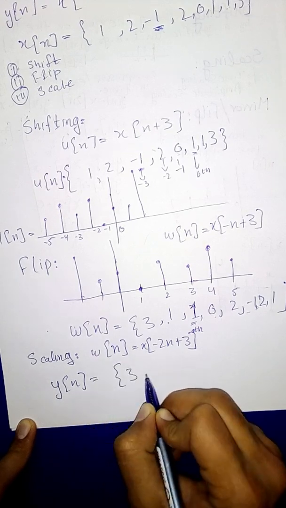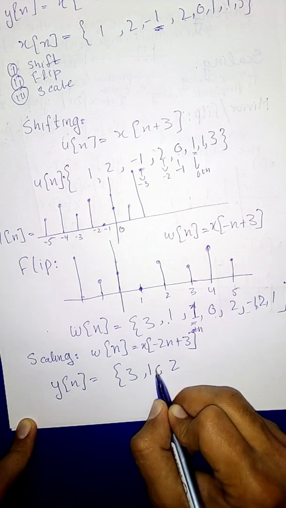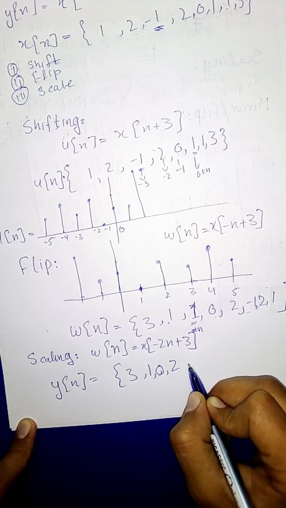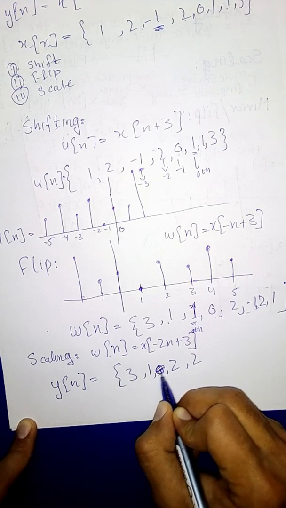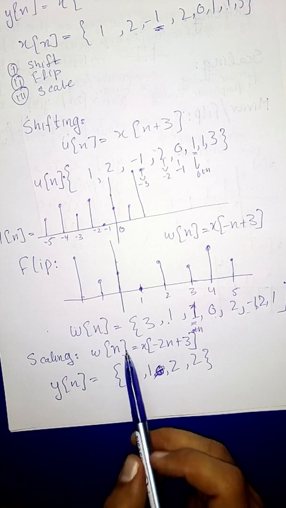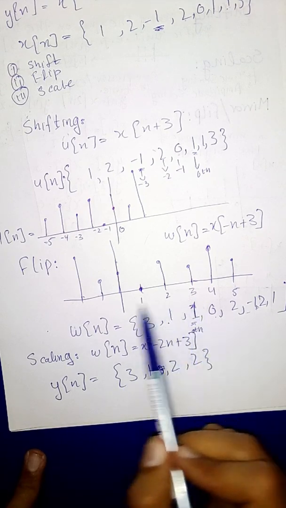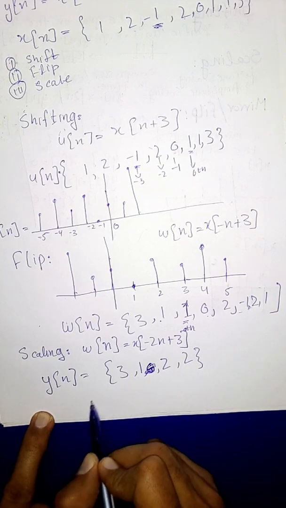The result will be 3 1 2 0 at the 0th position, and excuse me, not 2 0, this will be the resultant signal, because everything else at the odd places will be neglected because of the property of compression.